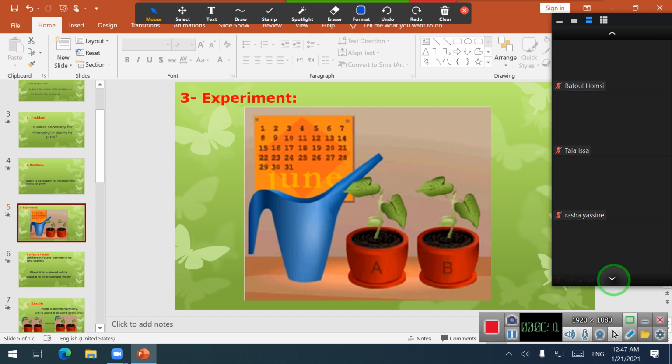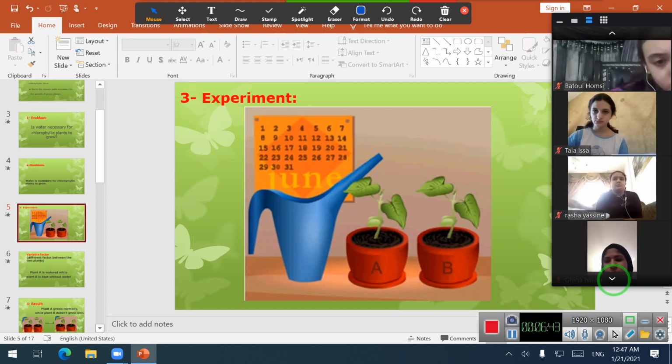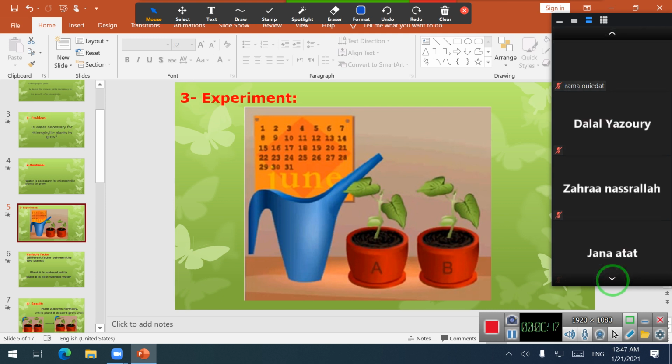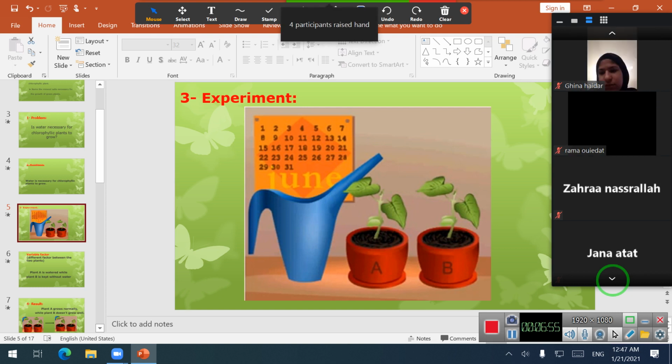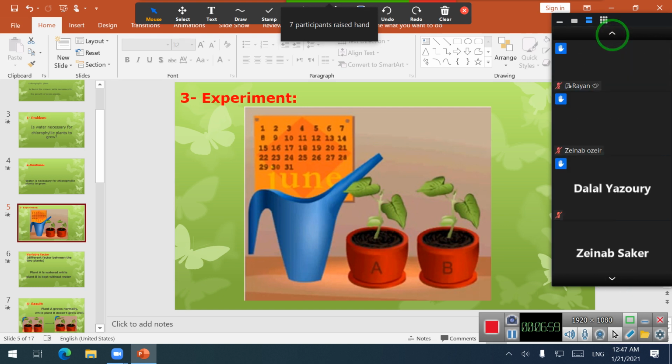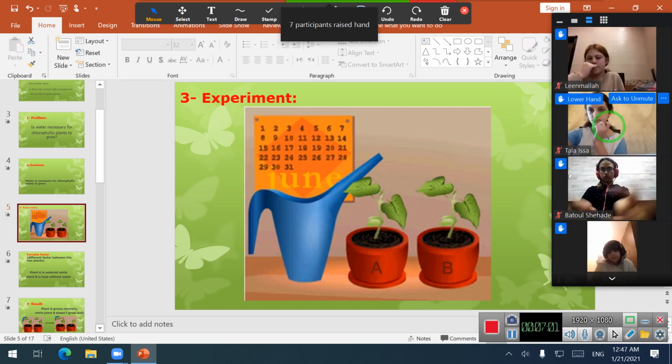Who can tell me now what the variable factor is? Variable factor means what is different between the conditions of A and B. It means what is given to A and what is not given to B. Who can tell me now? Tala?